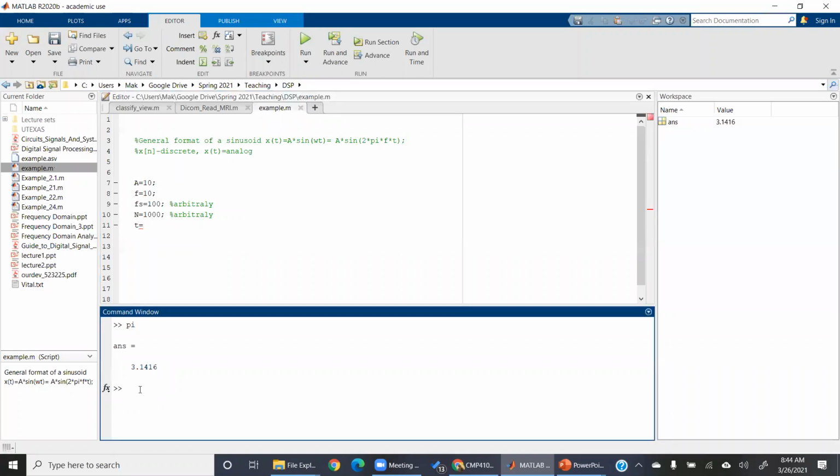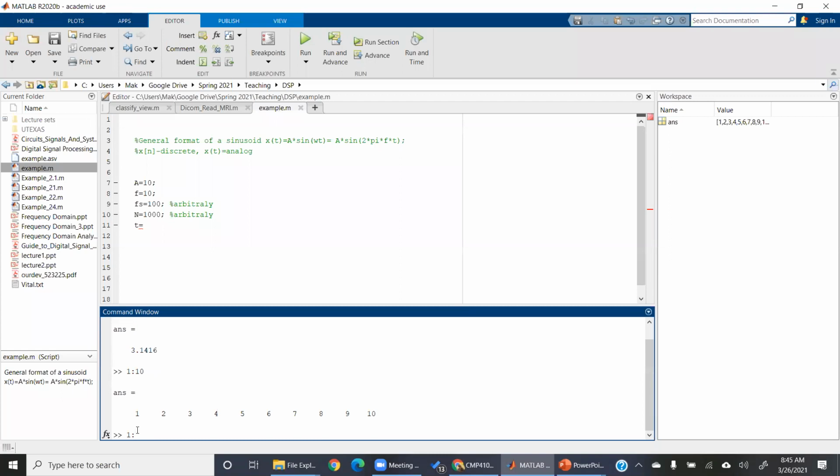You should know about arrays from your previous programming experience. This is how you define arrays in Matlab. If I wrote 1 colon 10, it generates an array from 1 to 10, spaced in intervals of 1 by default.